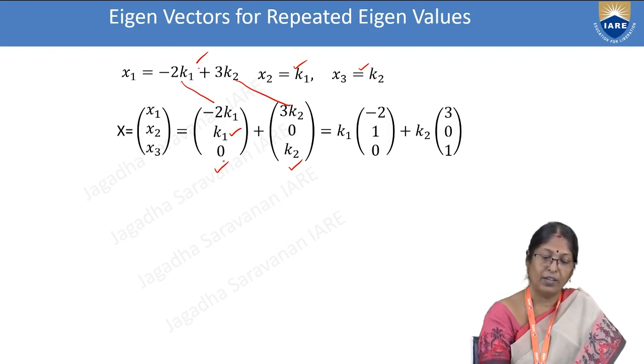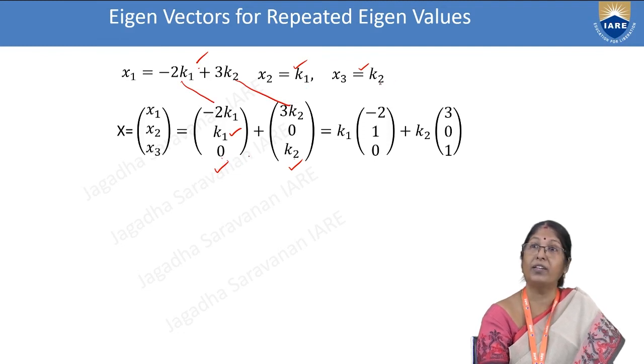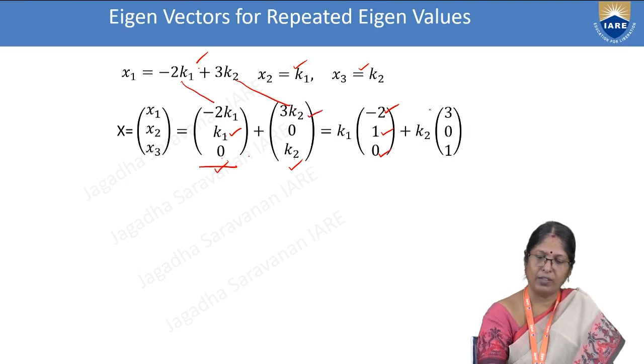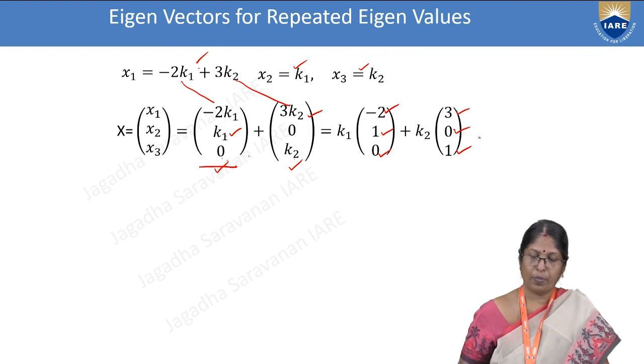Next, 0 plus k2 only, we will get k2. So, in this matrix, k1 we have taken out, the balance is minus 2, 1, 0 as it is. Here also k2 we have taken out, 3 balance, 0, 1.